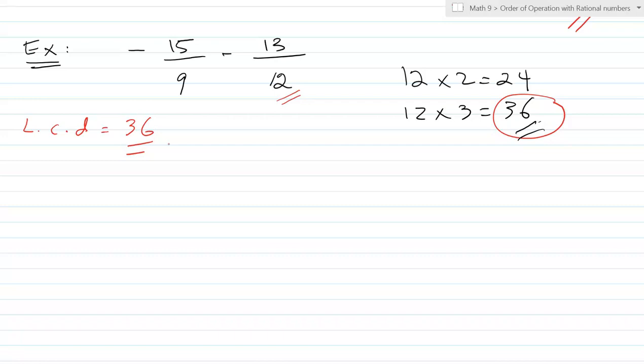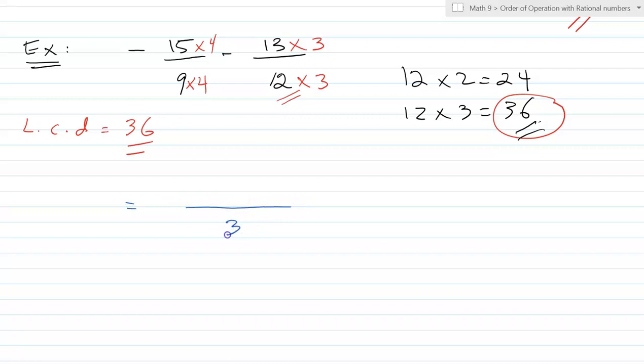All right, we need to make both of these denominators 36, so multiply 9 by 4, multiply the top by 4 as well. Remember, numerator and denominator, same fraction, we have to do the same. 12, multiply that by 3, multiply the numerator of that by 3, and then we're going to go through that. So what do we have?